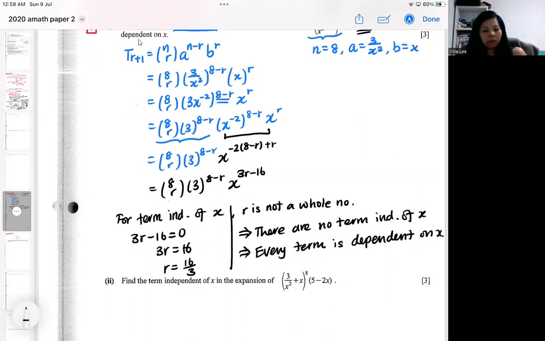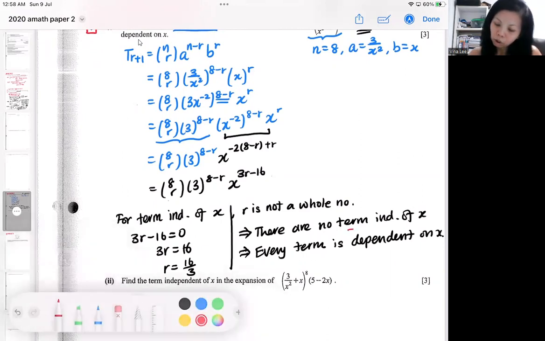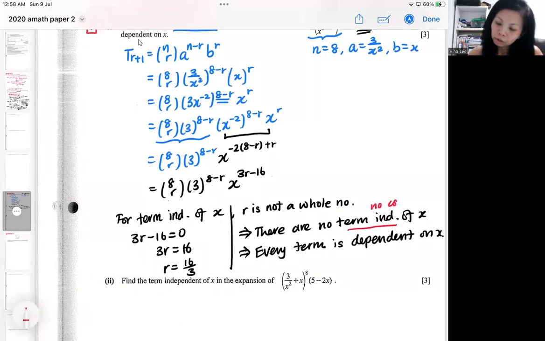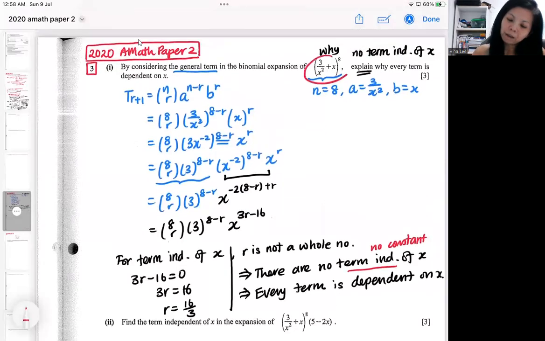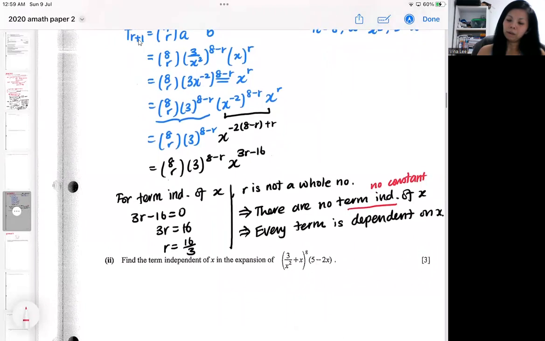But when I try to set the power equal to 0, I'm not getting r as a whole number. So therefore, there won't be any term independent of x, meaning there are no constants. So in this expansion, if I expand out everything, I'm not going to get any constant at all. Do bear in mind.